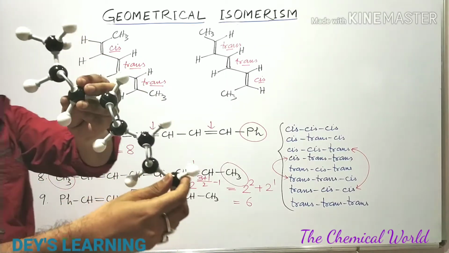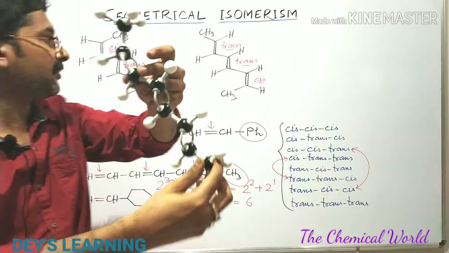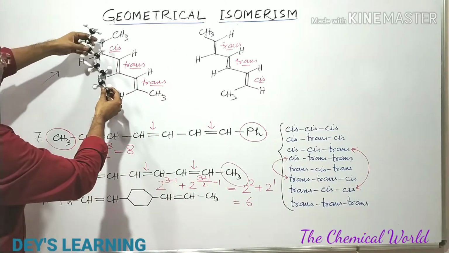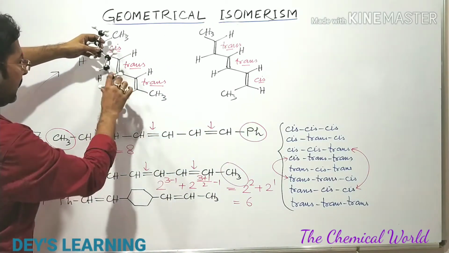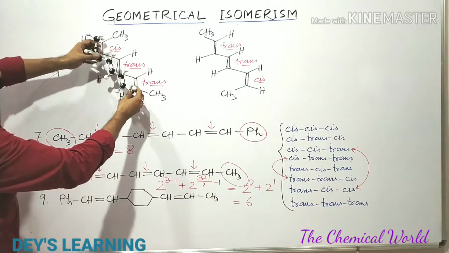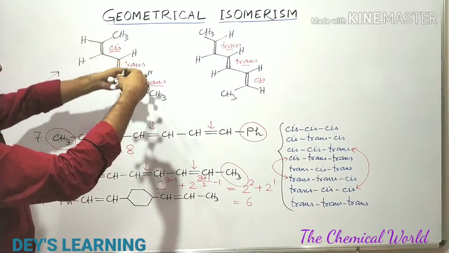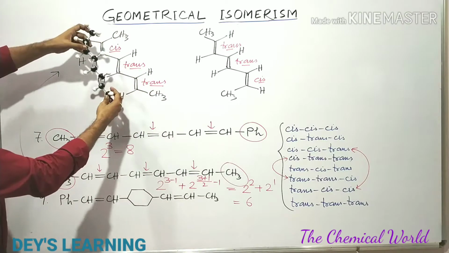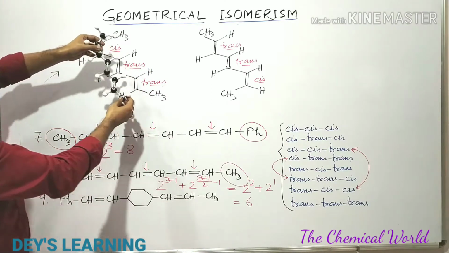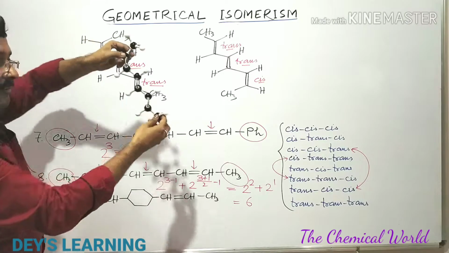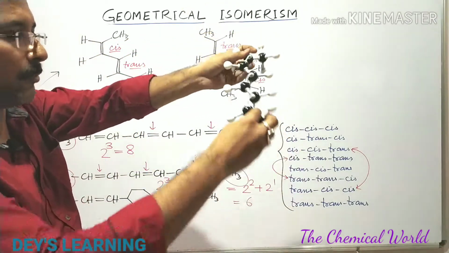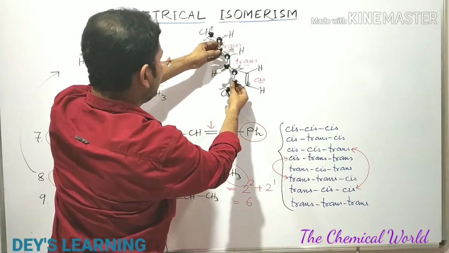So this molecule is actually like this. This one is cis, this one is trans, and again this one is trans. If you consider this molecule in this way, just reverse your viewpoint, and this one is cis.